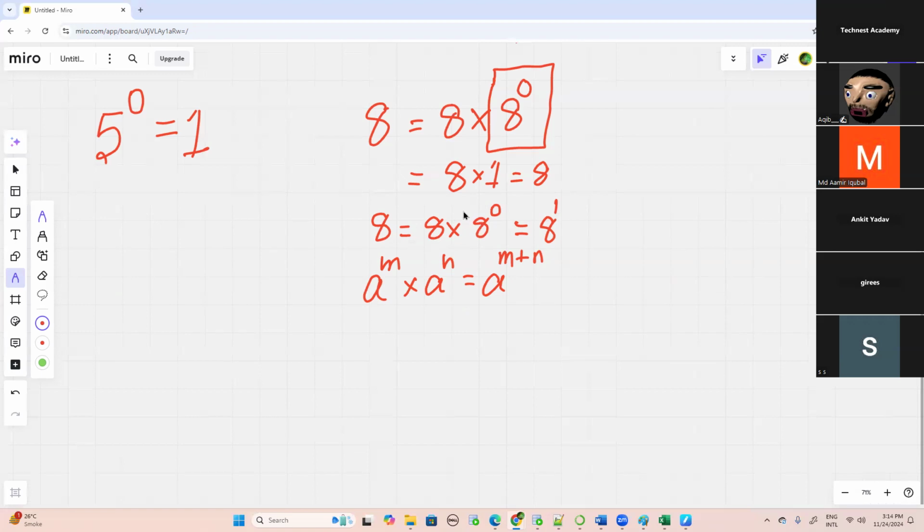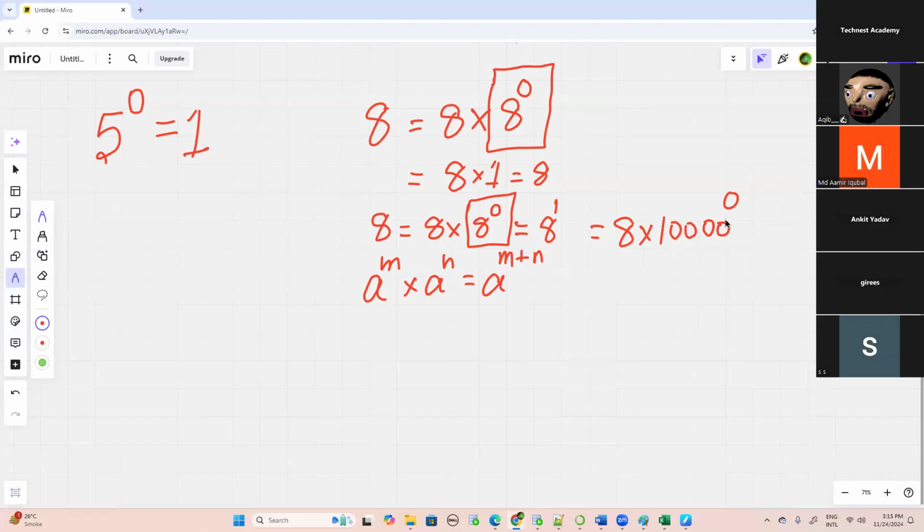Why I'm telling this? If this is allowed, you can multiply any number with any number to the power 0. Now, same thing, can I write like this? Yes or no? Yes, because any number to the power 0 is 1.